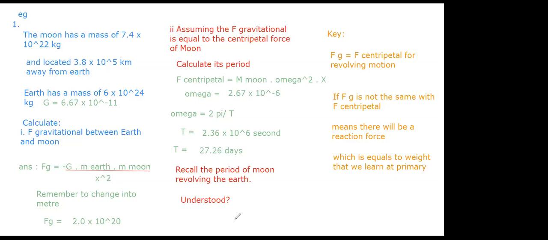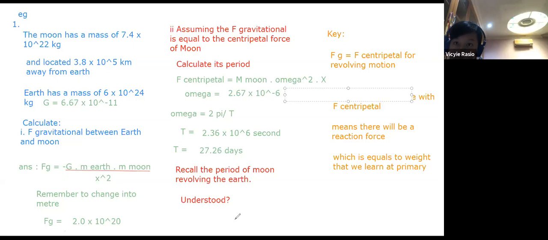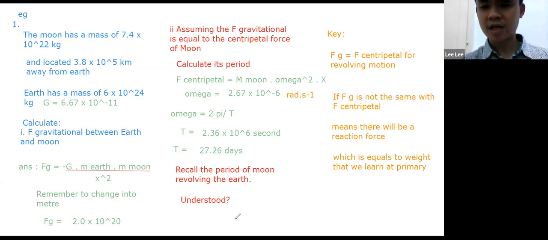So you substitute the centripetal force with the gravitational force, 2 times 10 to the power 20. Then you try to count the omega. Later you get that answer. The unit is radian per second. And then omega is 2 pi over period. You substitute the omega, you find the period, you get that in seconds.